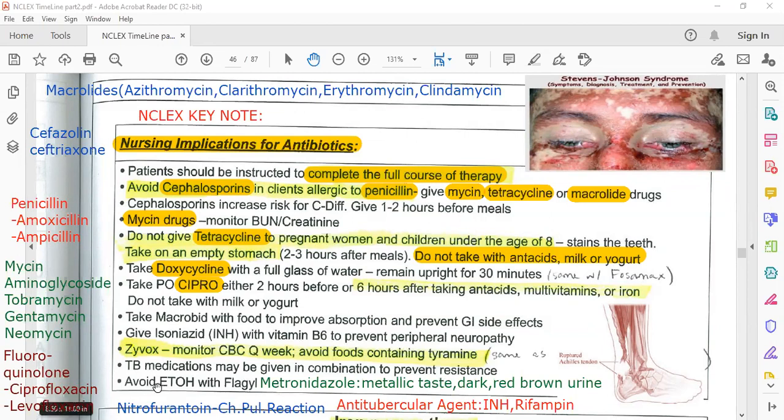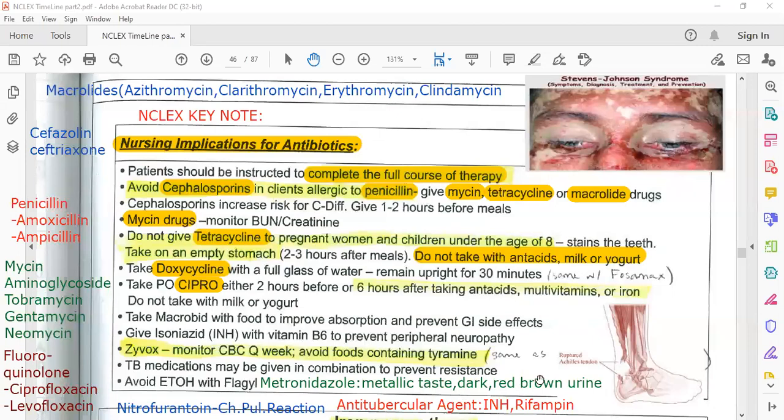Also avoid ethyl alcohol with Flagyl. Flagyl, basically metronidazole, we use for gastrointestinal infection or even very bad diarrhea. Flagyl can cause a metallic taste or dark red-brown urine.